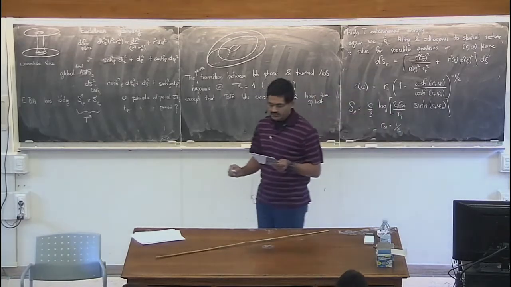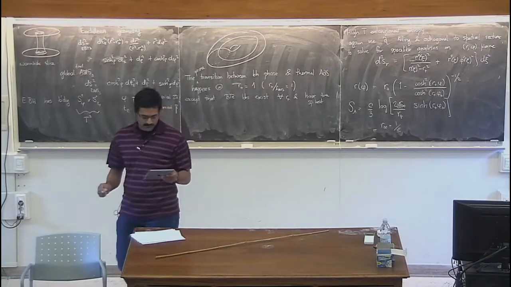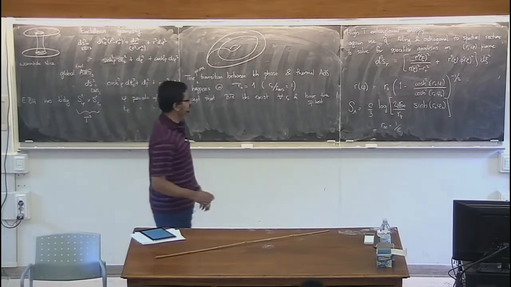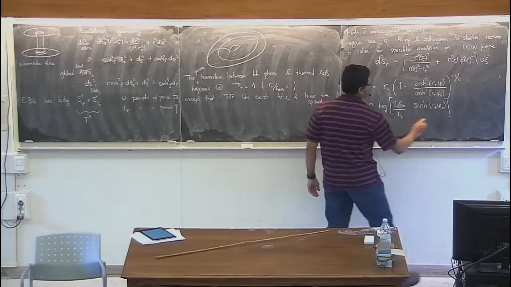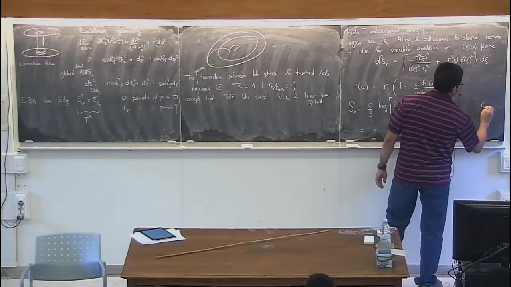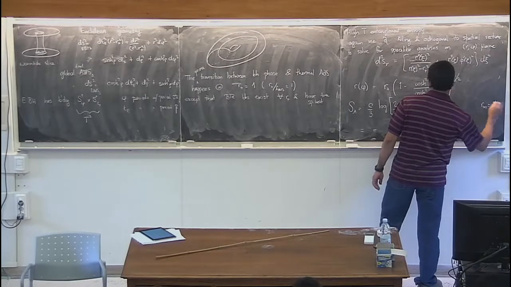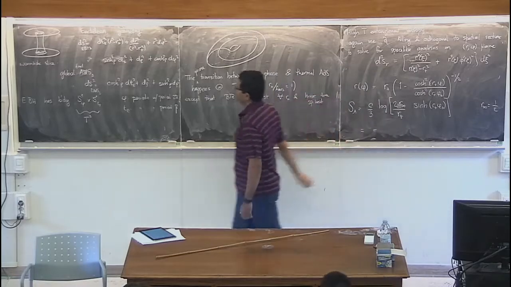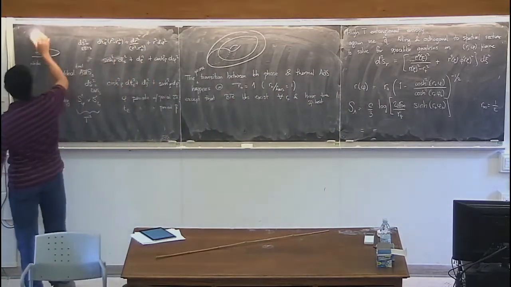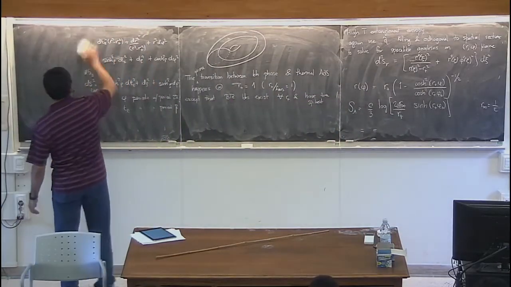Just want to use slightly different variables. So that's the naive answer you get. I'm going to write another formula in a second, so let me leave some space here, because there's going to be this jump, and the reason is the following.